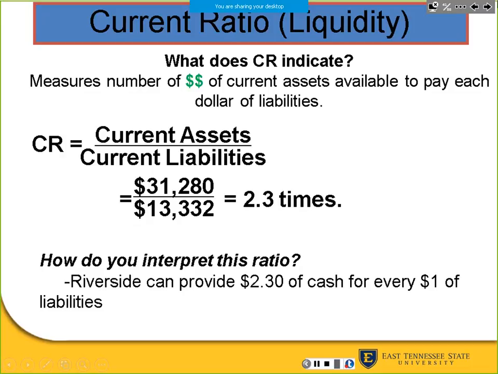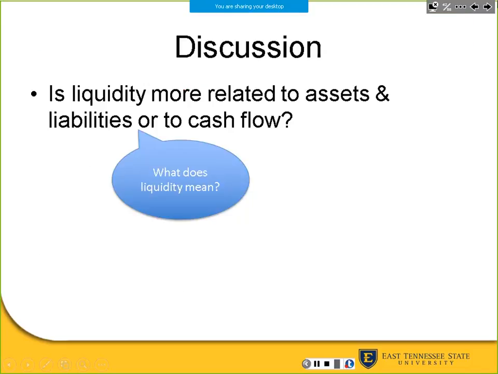Looking at Riverside, our clinic, for every $1 in liability we have $2.30 to cover it. It's almost double what our liabilities are. So if our liabilities get called up, we have $2.30 for each dollar of liability, which puts us in a good financial position. If they get called up, we're going to be able to cover our liabilities.